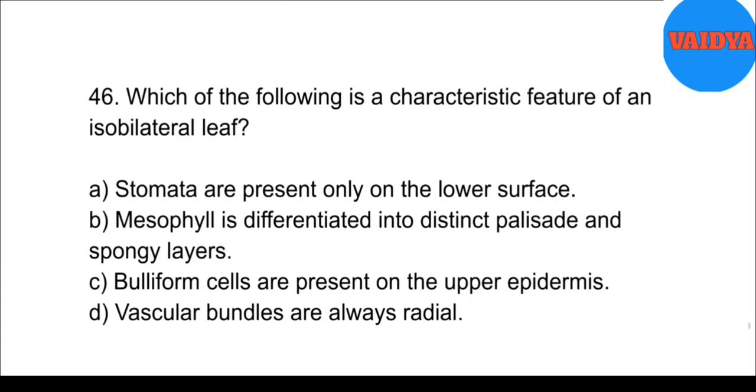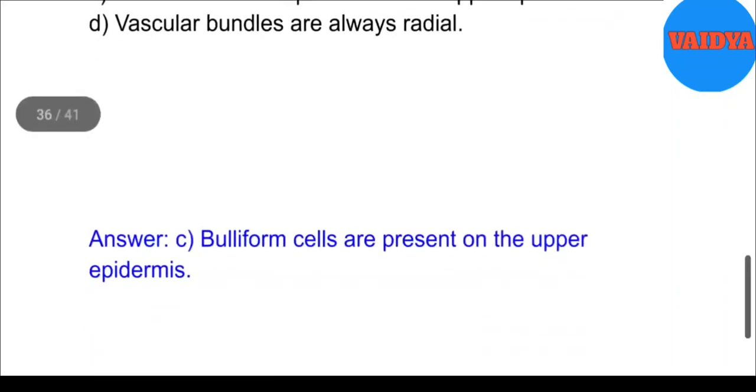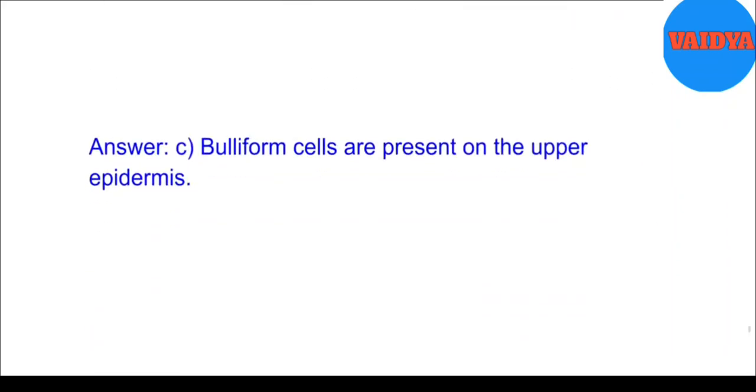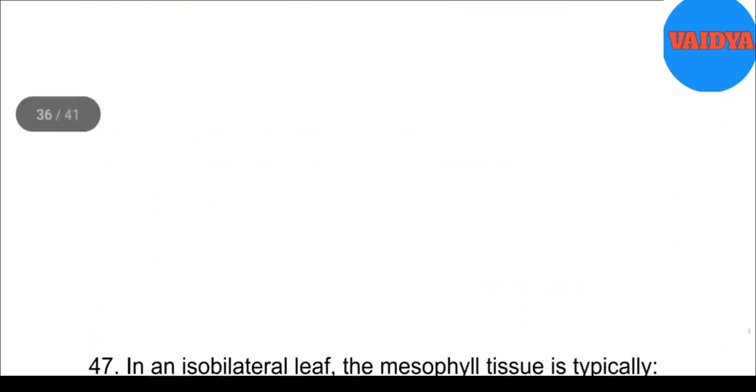Which of the following is a characteristic feature of an isobilateral leaf? A. Stomata are present only on the lower surface. B. Mesophyll is differentiated into distinct palisade and spongy layers. C. Bulliform cells are present on the upper epidermis. D. Vascular bundles are always radial. Answer: C. Bulliform cells are present on the upper epidermis.